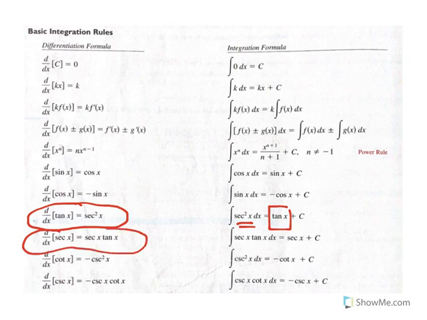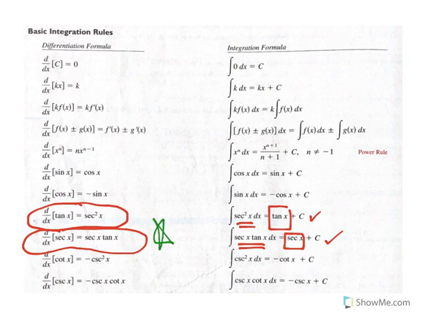In a similar way, the derivative with respect to x of secant x is secant x times tangent x. So if you have the indefinite integral of secant x times tangent x, the antiderivative would be secant x, of course, with a constant of integration.